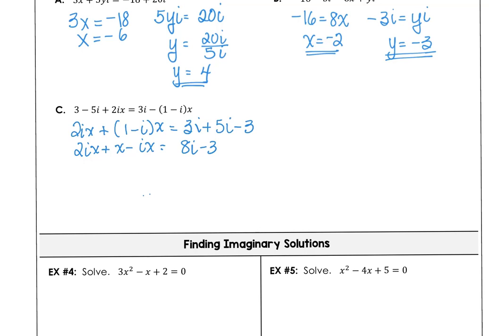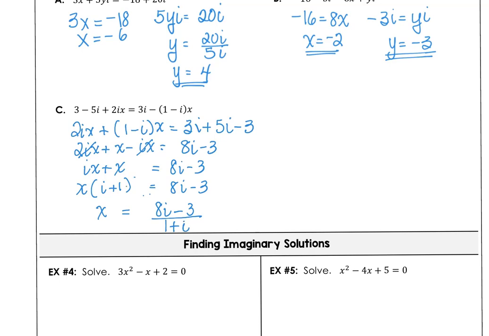And here we have 2ix minus ix, that gives us ix plus x. So we could factor out the x and have i plus 1, or 1 plus i, and 8i minus 3. So solving for x, we can divide 8i minus 3 by 1 plus i to eliminate that term.